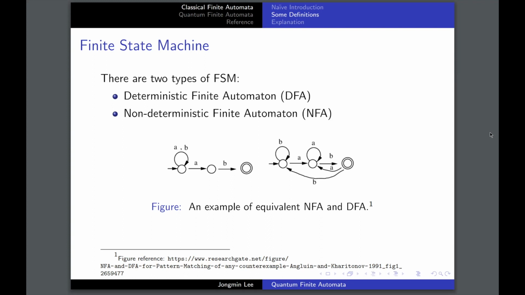Sorry, this cannot recognize ABA, since in the NFA where to go with ABA we don't know, and in the DFA with ABA we cannot reach the final state. So this is the classical automaton model.